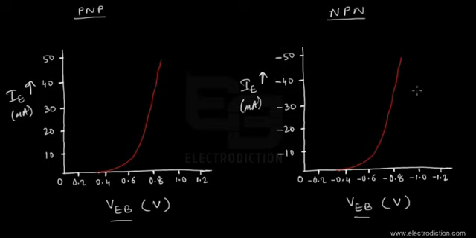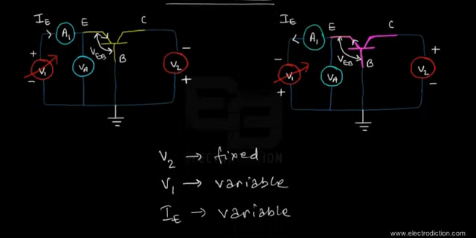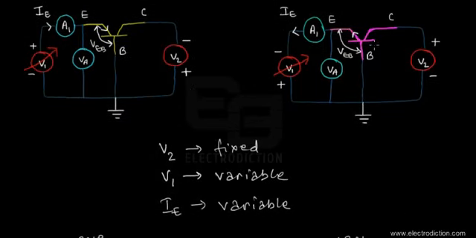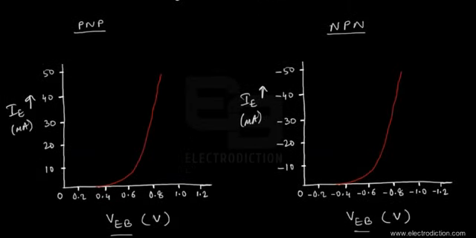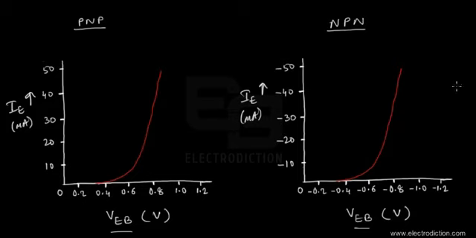And also the direction of currents in both the cases of the transistors differ. So if we take the current direction for the PNP type of BJT to be positive, then we are supposed to take the current direction in the case of the NPN type BJT to be negative, since it's directed in the opposite way. So that gives us an idea about what sort of characteristic we should expect for both of them.